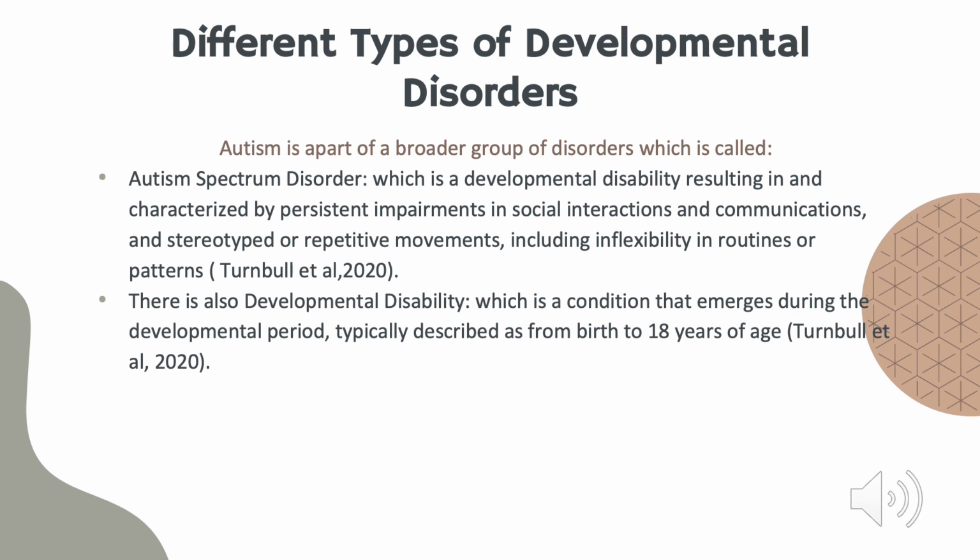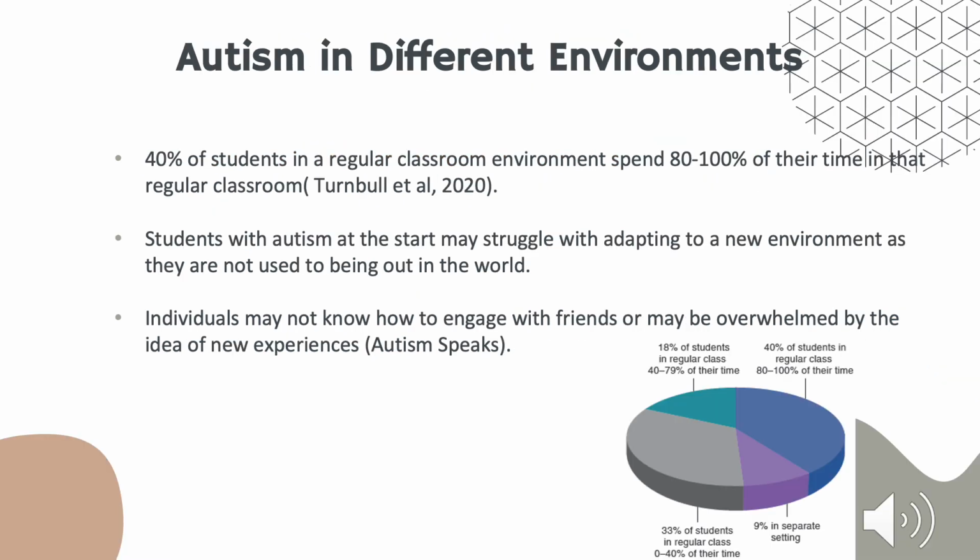There is also developmental disability, which is a condition that emerges during the developmental period, typically described as from birth to 18 years of age. However, people just define it as autism. Now, by knowing the different types of developmental disorders, we can have a better understanding of autism and how individuals develop mentally.